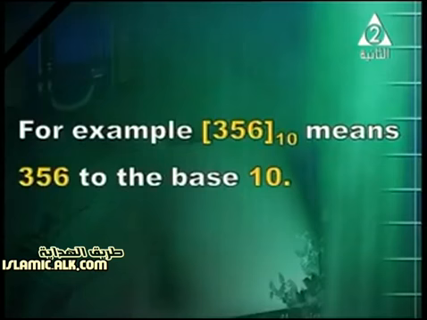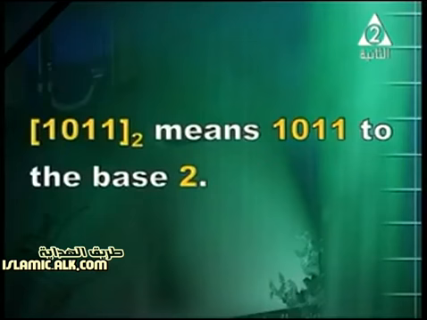For example, between two brackets, 356 to the base of 10 means it is decimal. 1011 to the base of 2 means that it is a binary number.